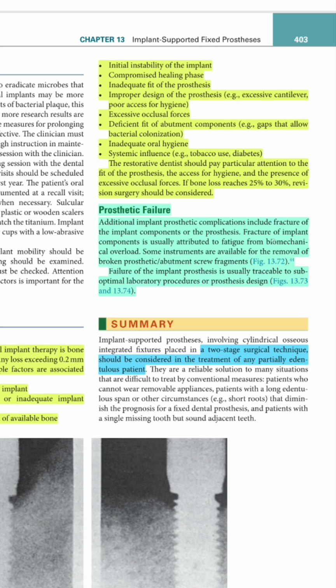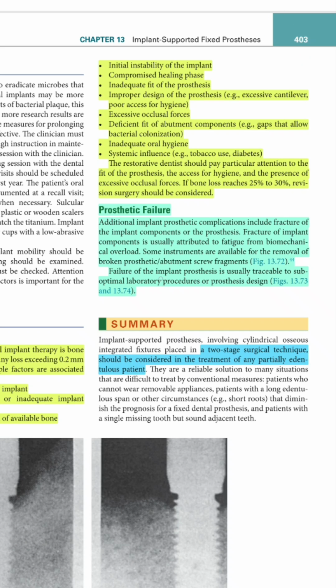Another complication includes the fracture of the implant components, and it is due to fatigue from the biomechanical overload, and there is special equipment to remove the fractured fragment.